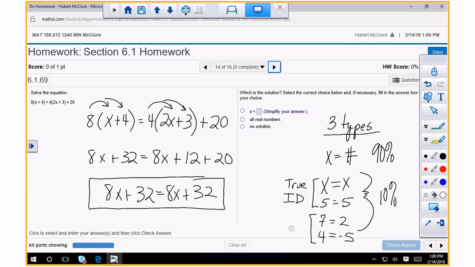Untrue statements mean no solution. Okay? And if you have an identity, that means all real numbers will work. Here, no solution. Which looks like a 0.